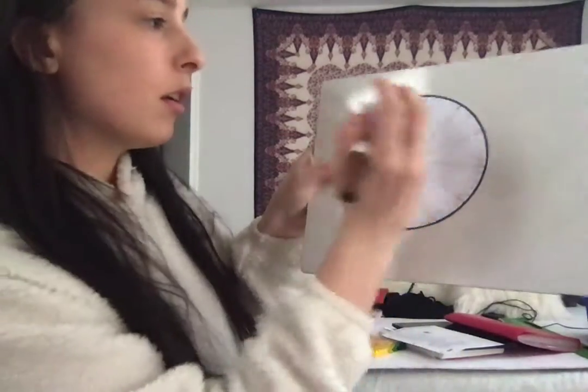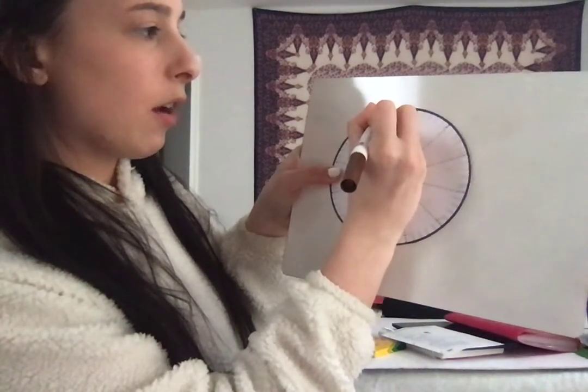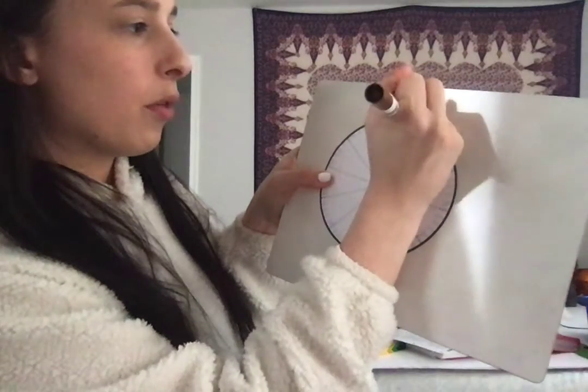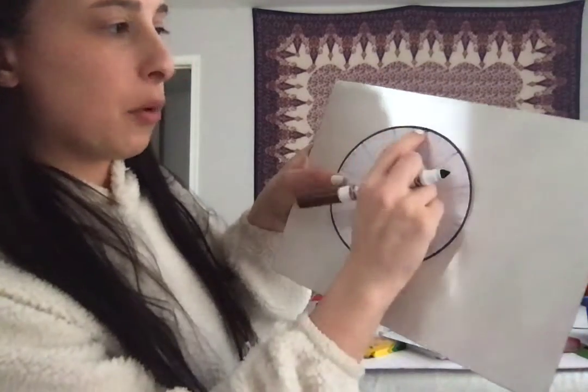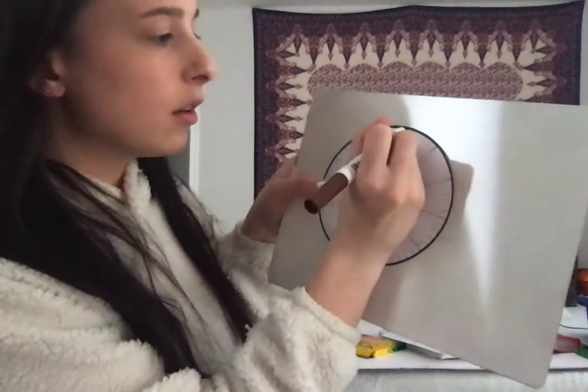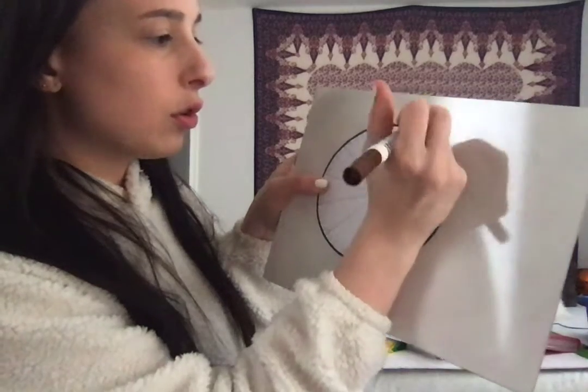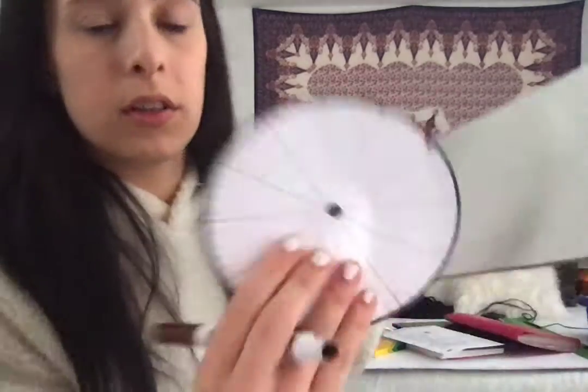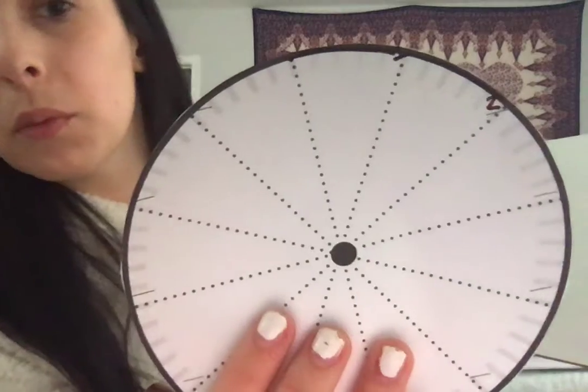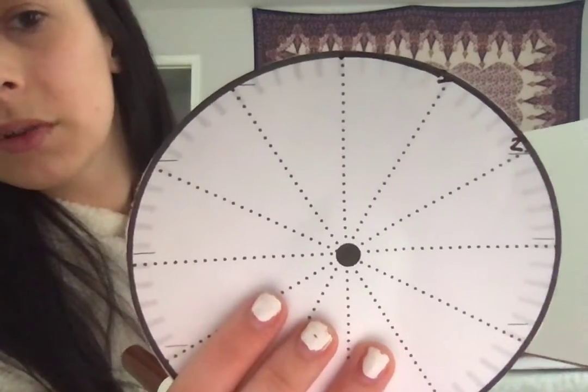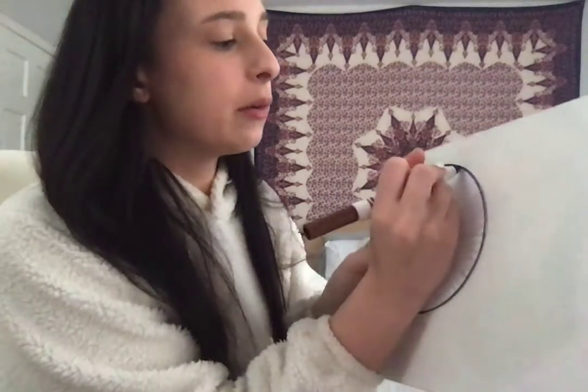Oh, here. This will work. So we're going to start here, and I'm going to count. That's a 1, and I put a 1 on the line. 2, and I put a 2 on the line. So you can see I put a 1, and then I put a 2. And I'm going to keep going all the way around.